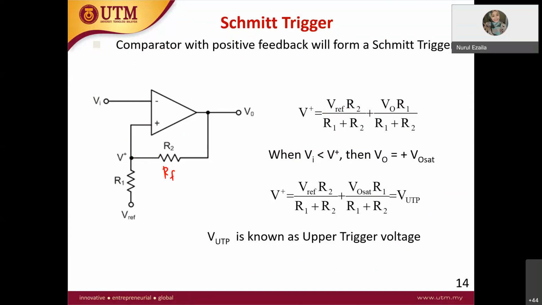For the comparator, we apply the same condition as just now. So I need to copy, sorry, give me a moment, I need to copy just the condition from just now.